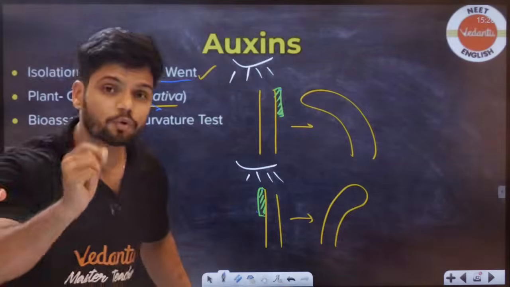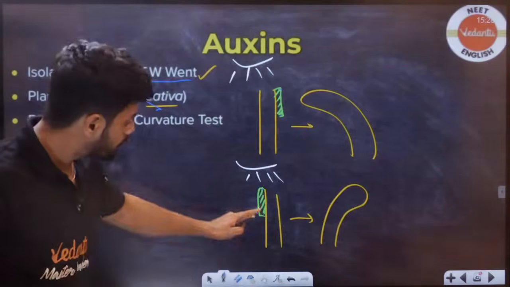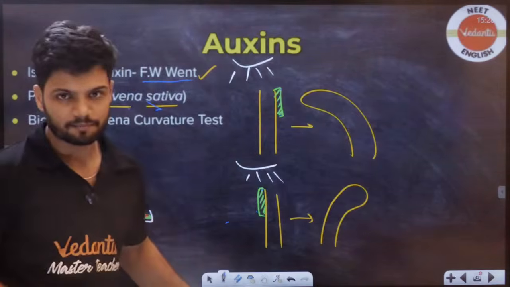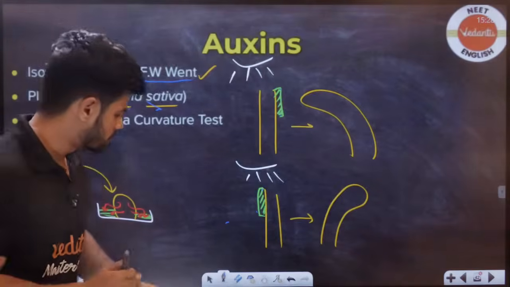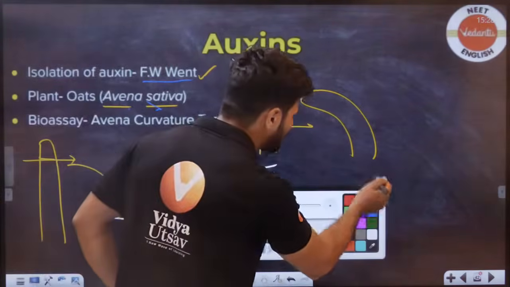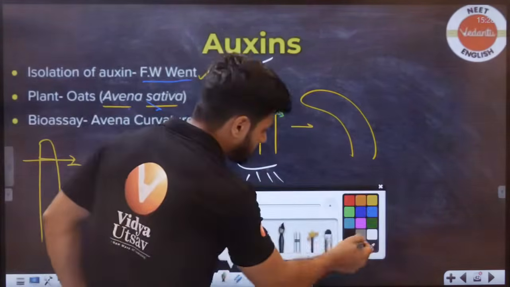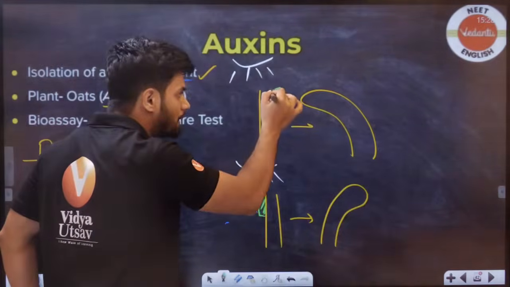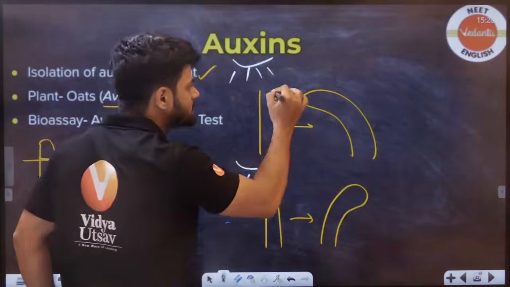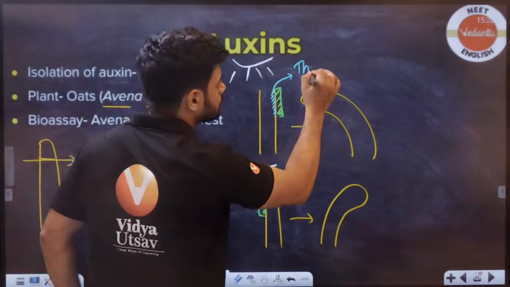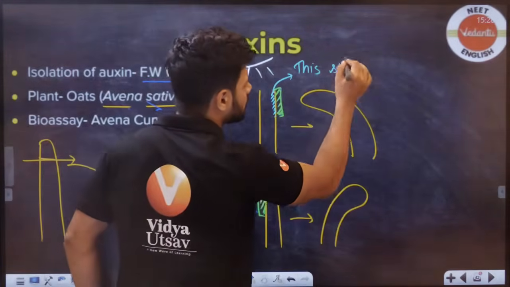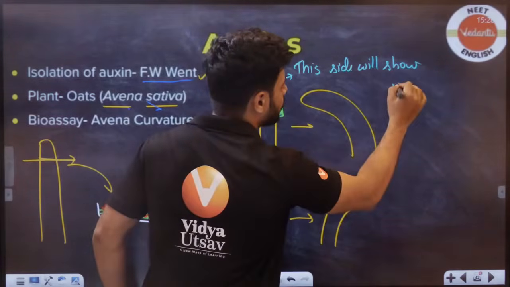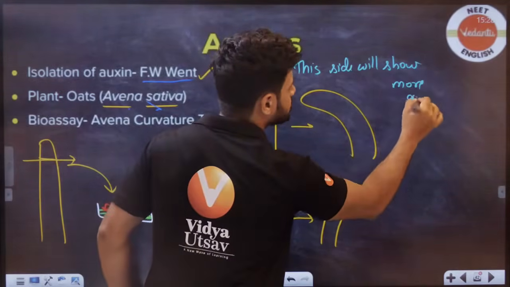And then what did we notice? Friends, what did we notice after placing the block of auxins? We noticed that wherever we placed the block, say on this side, this side will show more growth.